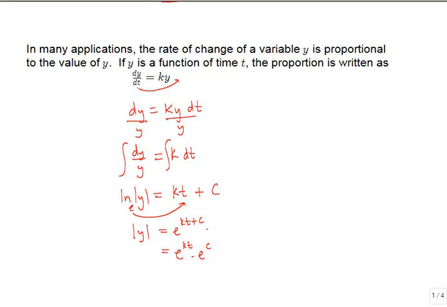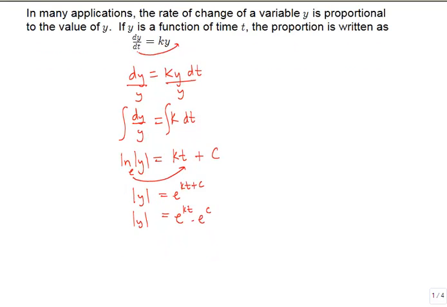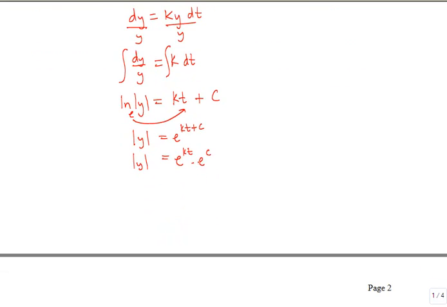So that's why these two statements here are equivalent. And then e to the c, since c is a constant, is just going to be some new constant. So let's call it c again. So we get absolute value of y equals C e to the kt. So this is what our solution looks like.